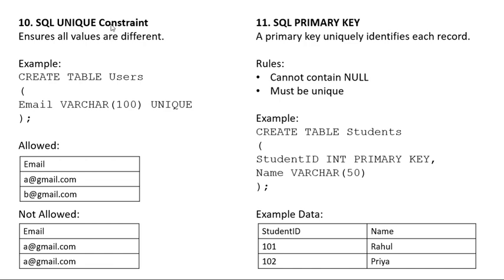The UNIQUE constraint ensures all values are different. For example: CREATE TABLE with a name, and inside the parentheses email VARCHAR(100), then write the UNIQUE keyword, close the parentheses and add a semicolon. This allows emails to be written, for example a@gmail.com and b@gmail.com are allowed.